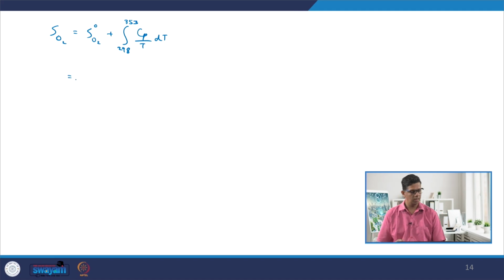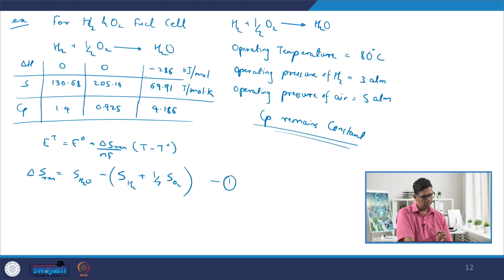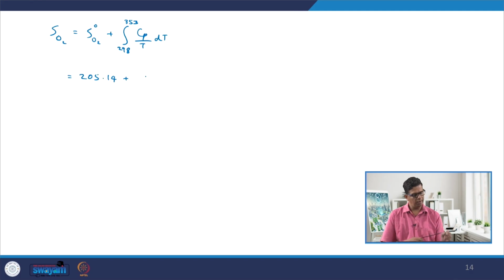Entropy of oxygen at STP is 205.14. And Cp of oxygen is 0.925. That is constant, that will come out.